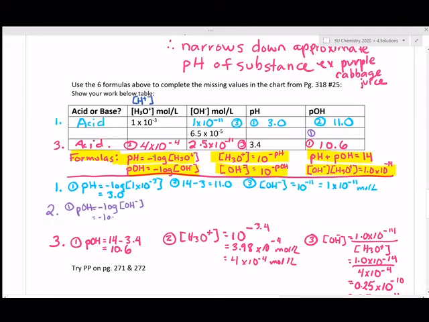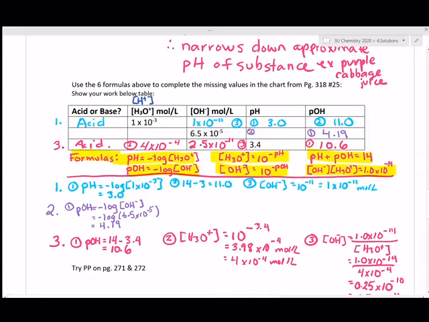And remember, I'm not going to put the negative in my calculator for this. So 6.5 times 10 to the negative 5. And I have 2 sig digs, so ideally I'm going to keep 2 decimal places on my pOH. So 4.19.